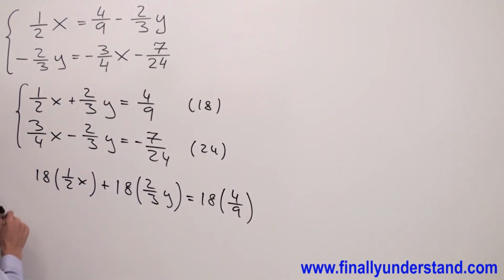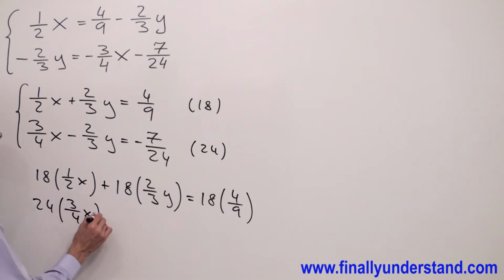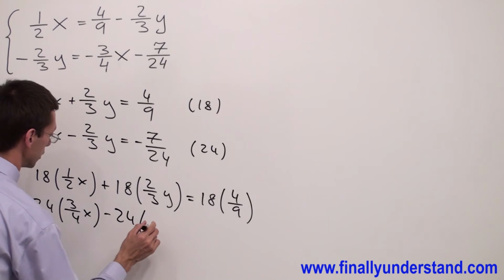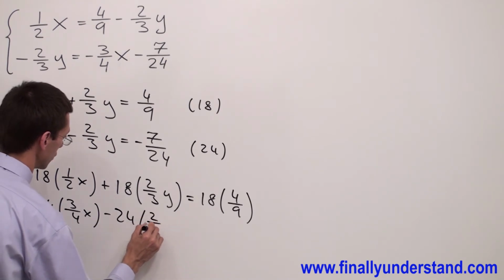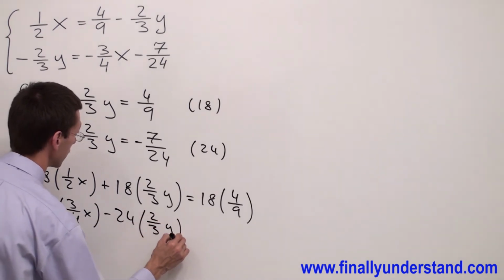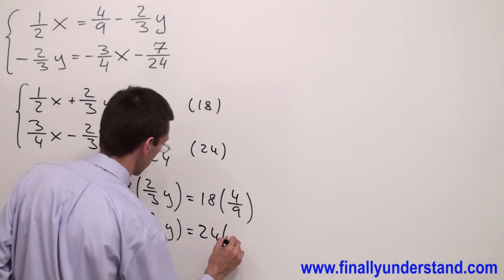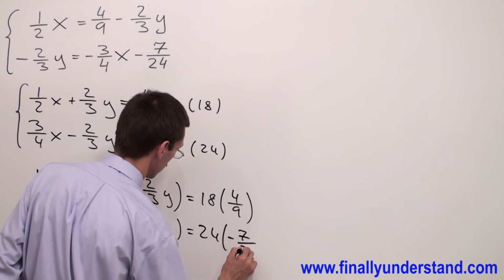Let's take a look at the second equation. We have 24 times 3/4 x minus 24 times 2/3 y equals 24 times negative 7/24.